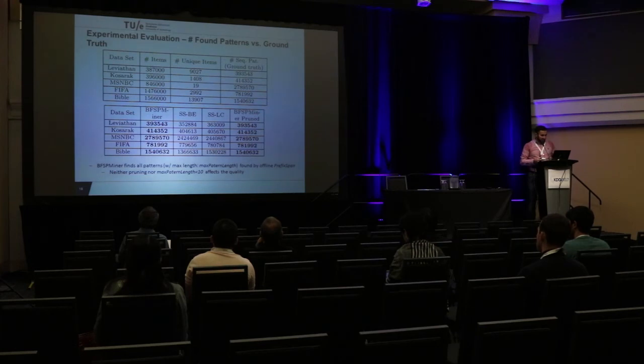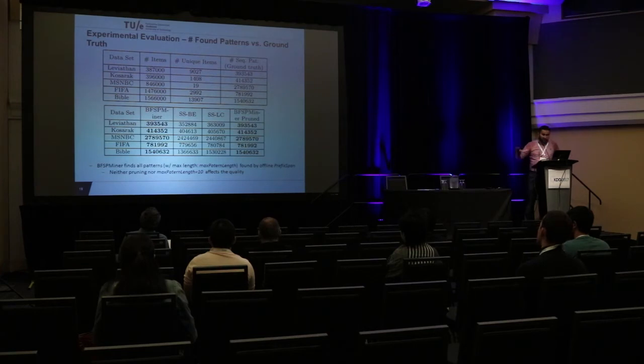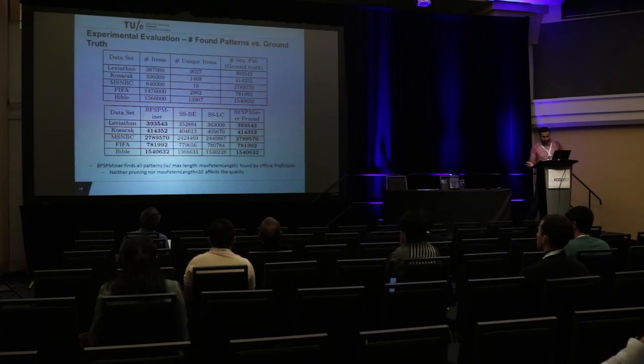And below you see the final number of sequential patterns found by each algorithm. In the second column below, we have our initial version of our approach, then the two competitors, and then a pruned version of our approach where we applied some pruning strategy to limit the size of the tree.